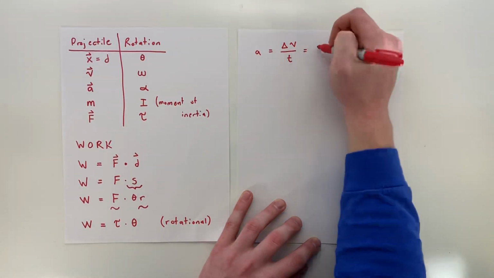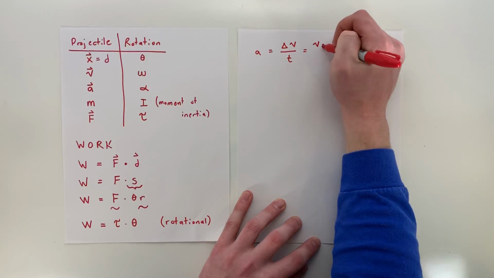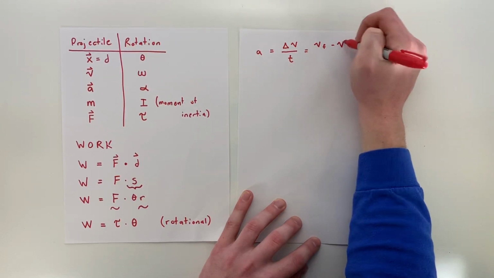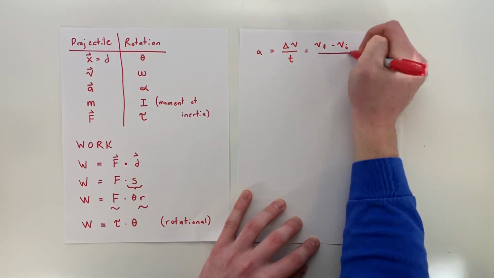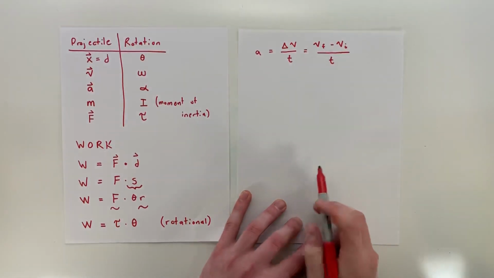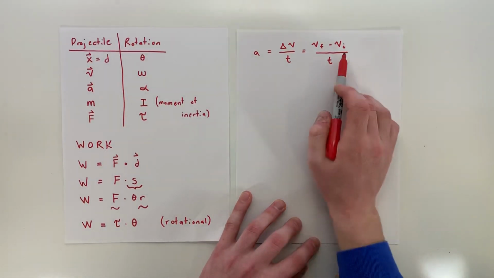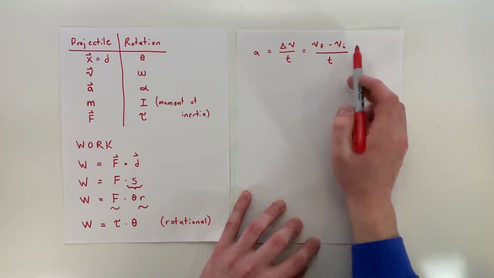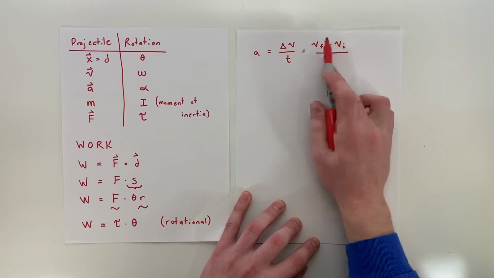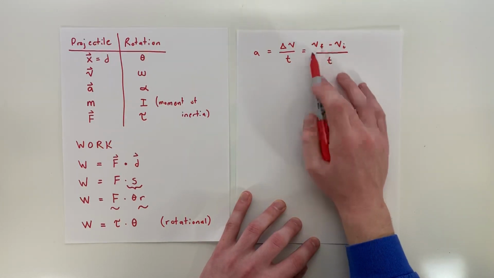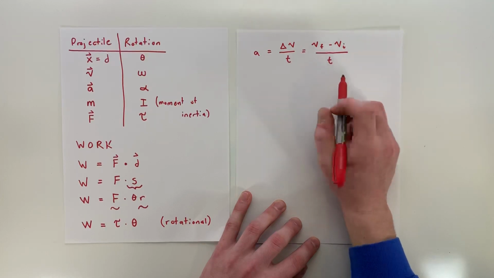So what this means is velocity final minus velocity initial over time. So acceleration is the change in speed. Your speed or velocity is changing.